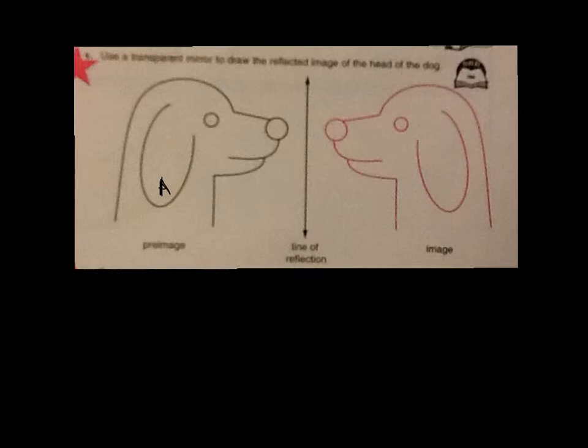Now what we're going to do is we're going to look through our transparent mirrors and mark the image of point A and label that A prime, which will look like this, just to show that it is not the same as A, but it is a little bit different but related. Okay, so go ahead and look through your transparent mirrors now and mark that A prime on your image. When I look through my transparent mirror, here is where I found my image that I marked for A prime.